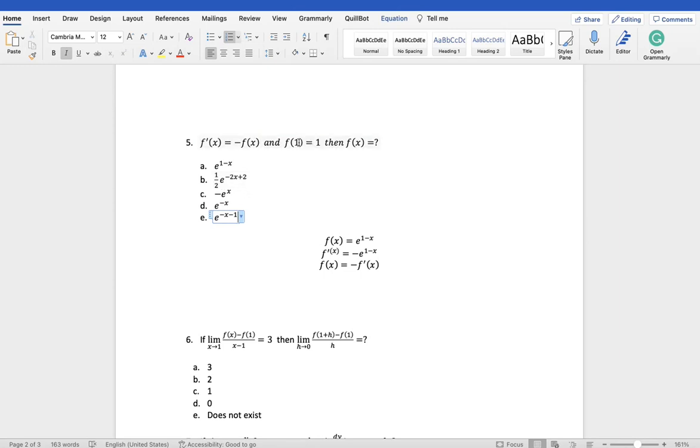You substitute f of 1, you have e to the minus 2 plus 2, which is e to the 0, right? And e to the 0 is 1. But now multiplied by 1 over 2, the answer is 1 over 2, which is not what we said f of x should be, right? So you have already eliminated all 4 options, then the correct option must be the first one, okay?